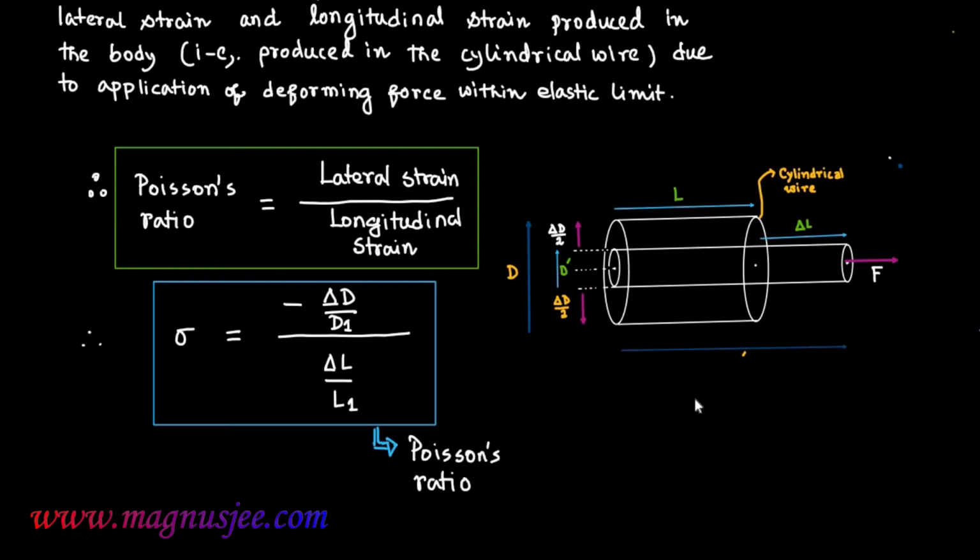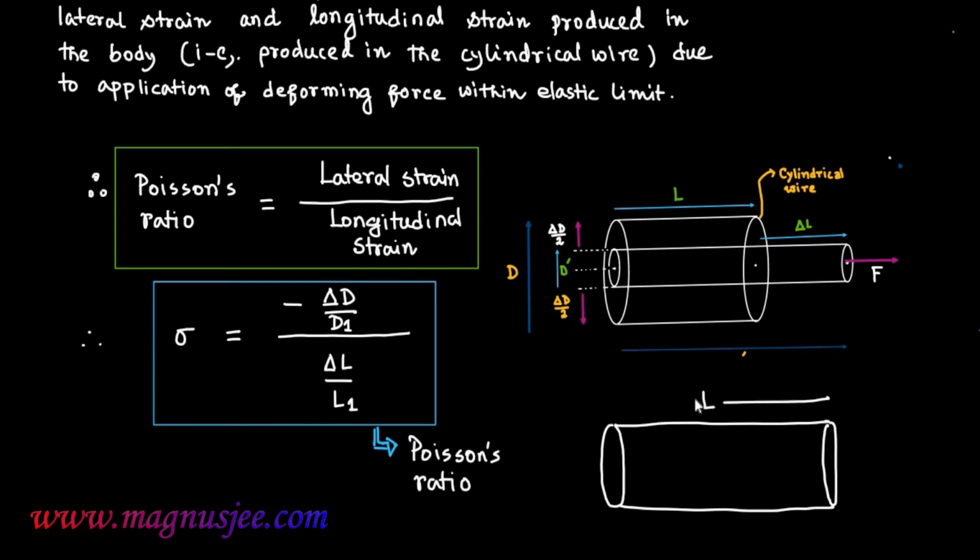In this case, L1 means initial length, L1 is equal to L and D1 is equal to D. D1 is the initial diameter which is equal to D in the diagram. L is the initial length and this is the elongated state of the wire, the elongated wire due to application of deforming force.